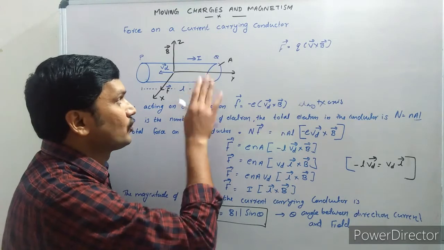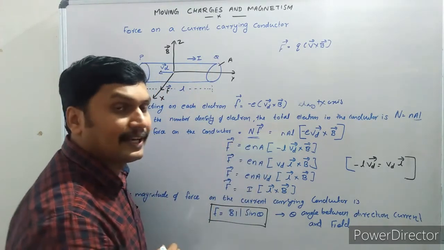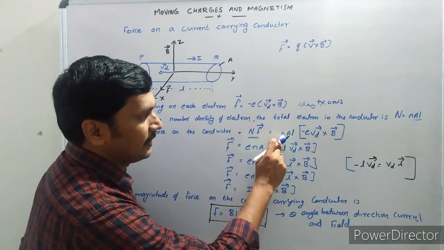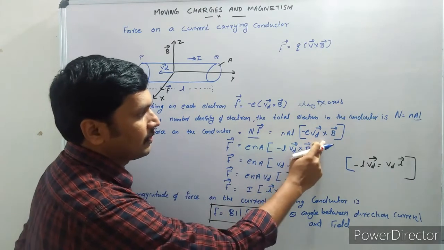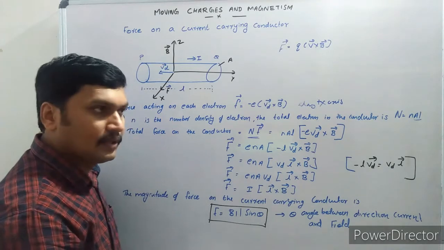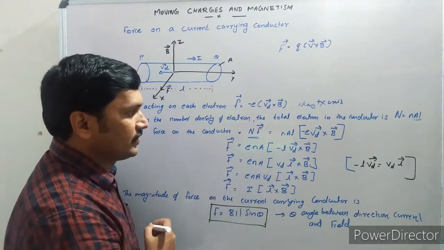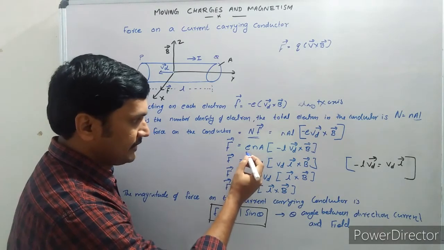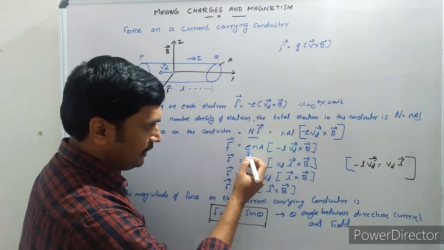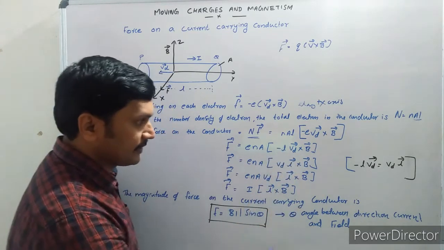So the total force acting on this conductor is equal to the number times the force on a single electron. The number is n A L, and the force on a single electron is minus e Vd cross B. Now the total force F, we are rearranging it this way: we take e outside, e into n into A, and we keep L inside the bracket.